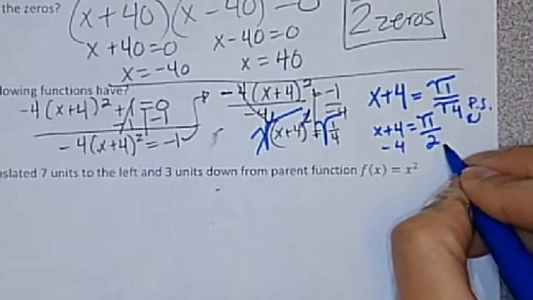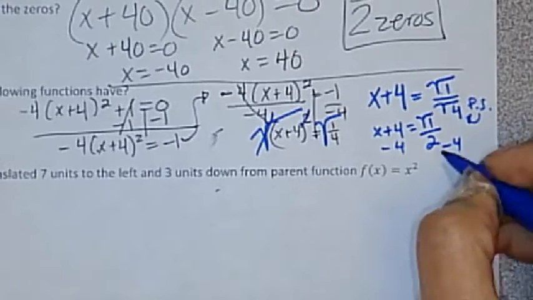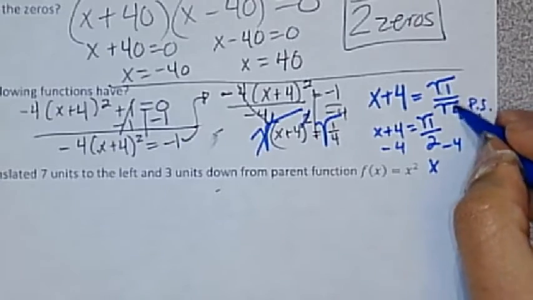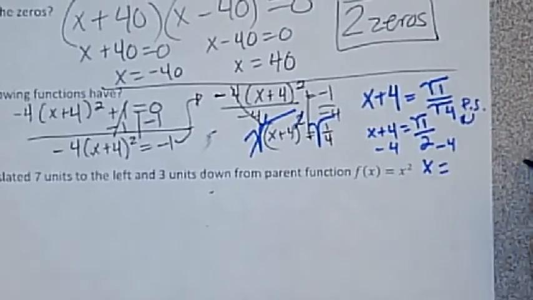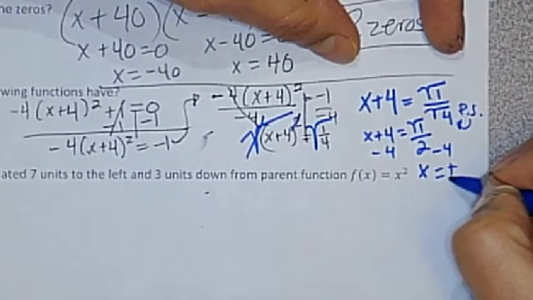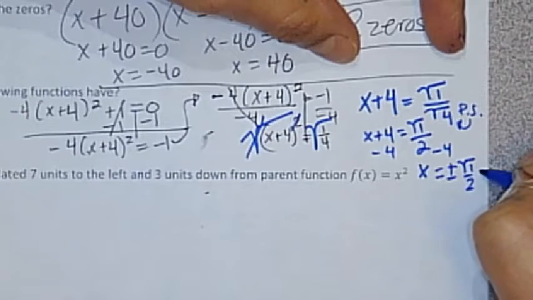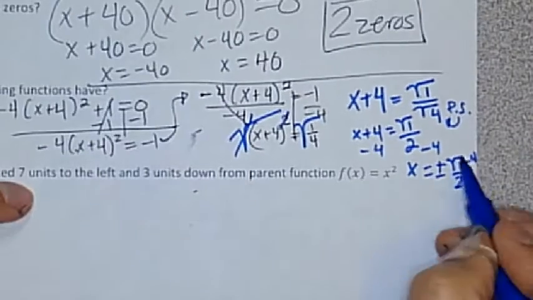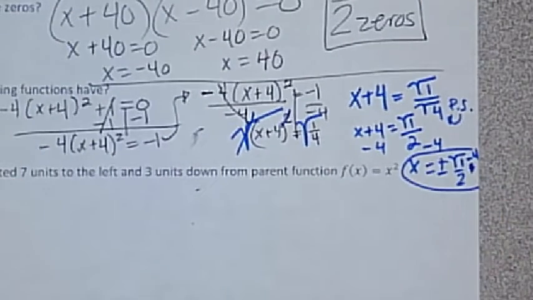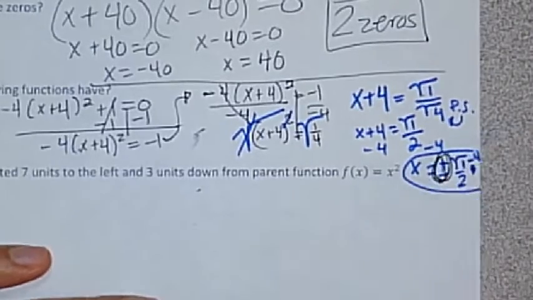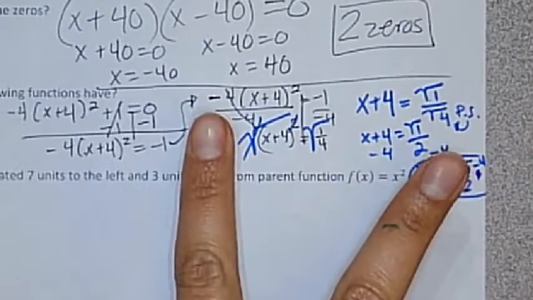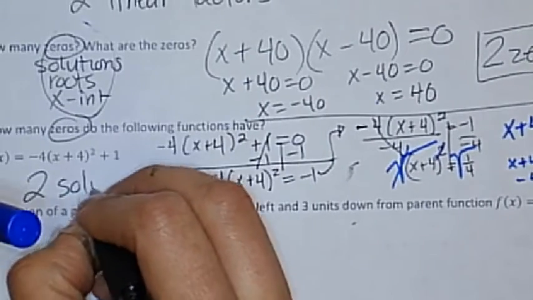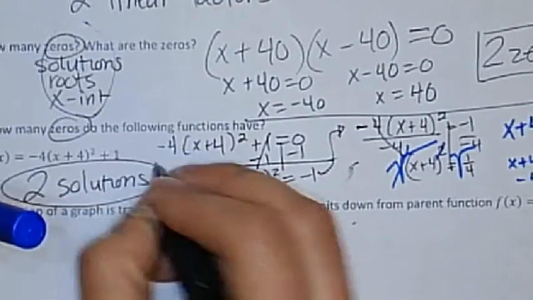Then minus 4, minus 4. So regardless of what you got here or whether or not you simplified, you're still going to see that you're going to get 2 answers. Minus 4. Sorry, I ran out of room there. Because of the plus or minus, you're going to get 2 solutions. So over here, I'm going to put 2 solutions, or 2 zeros.